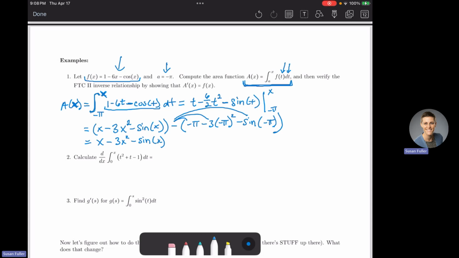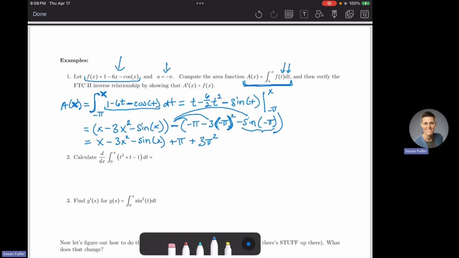So minus a negative pi becomes plus pi. This negative pi squared becomes positive pi squared. When I multiply by negative 3, it's negative 3 pi squared. And then when I distribute this negative, it becomes plus 3 times pi squared.